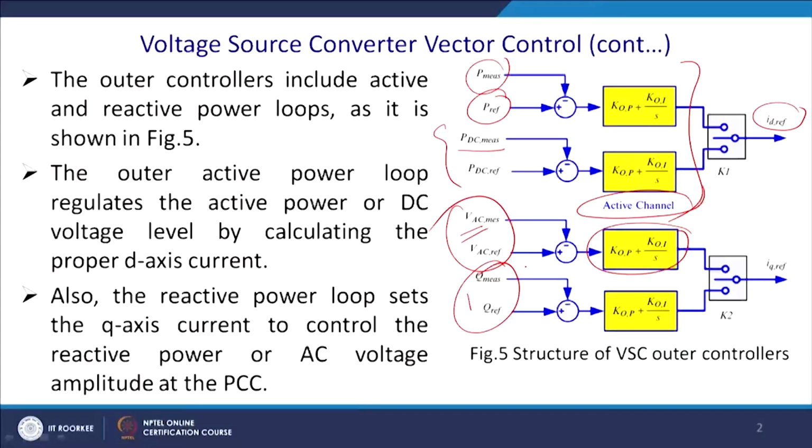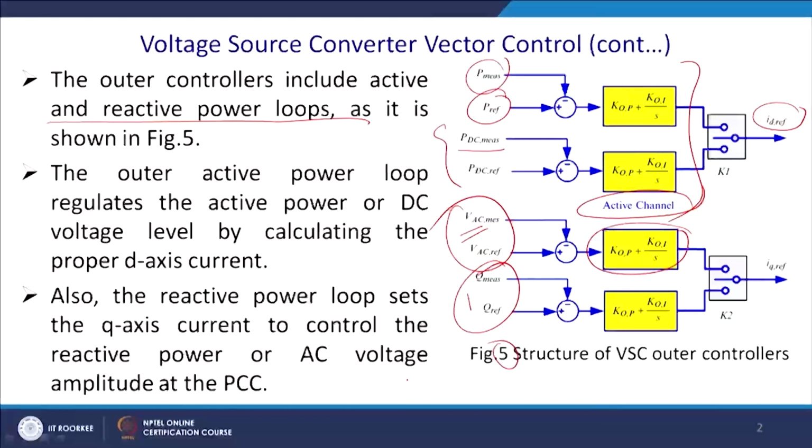So, the outer control includes the active and reactive power loop, as shown in figure 5. Please recall that I am following the same notation as my previous class, so this figure is 5, the previous figure being 4 in my previous class.